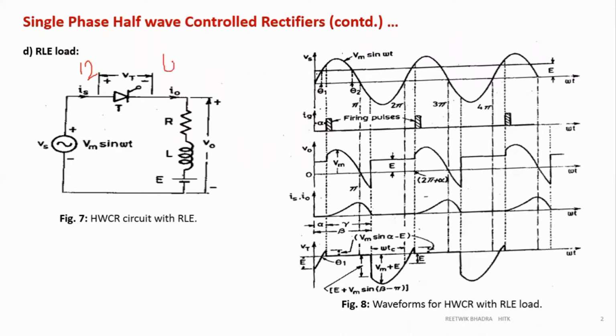If this is 12 and this is 6 volt, then only it is possible to conduct, right? Then there is a fall in potential from 12 to 6 and current will flow in this direction. But if you have 6 and 12 in this direction, in which direction should current flow? 12 to 6. It is not possible with a thyristor.